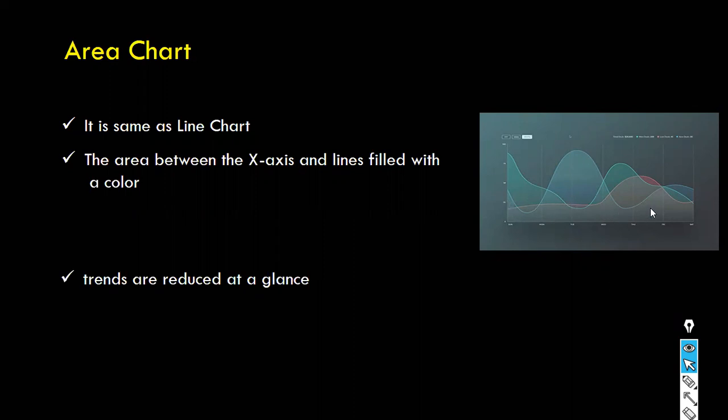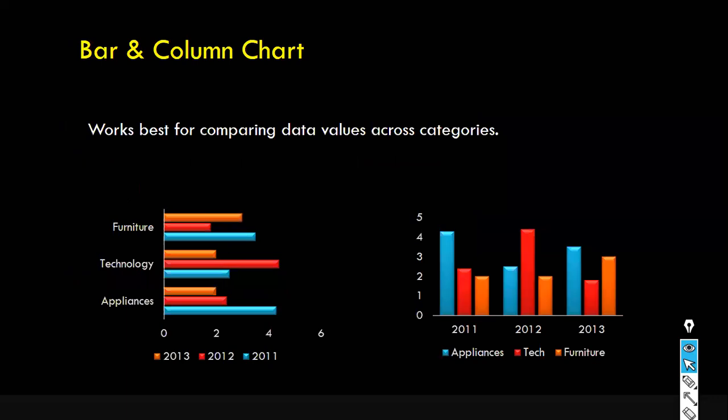For example, this is your apparels, this is your technology category, and the red color one is the furniture category. Since the areas are filled with colors, you can quickly make comparisons between different things. That is the key difference between the area chart and the line chart. Otherwise, both charts are used to understand the trends.